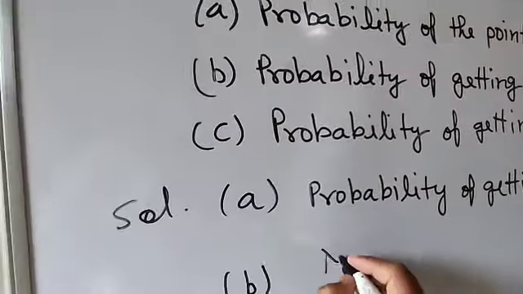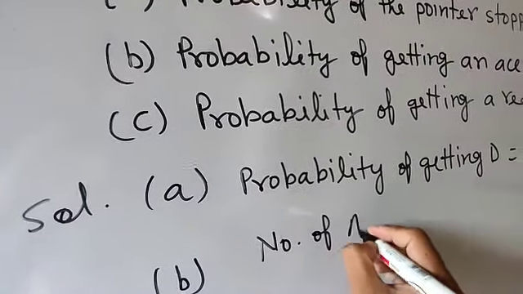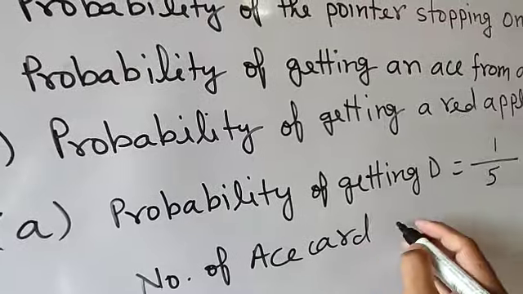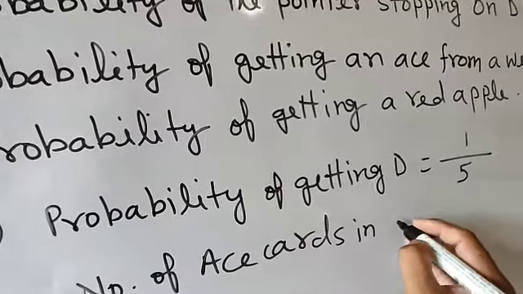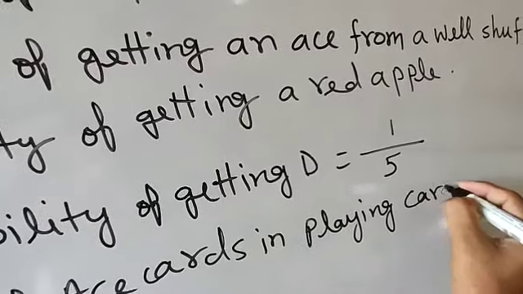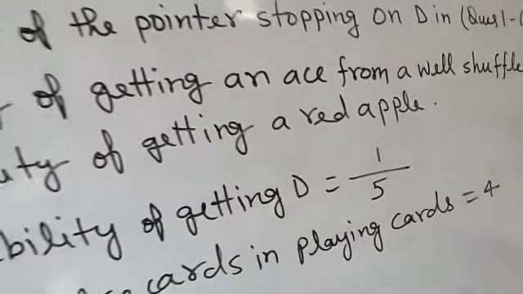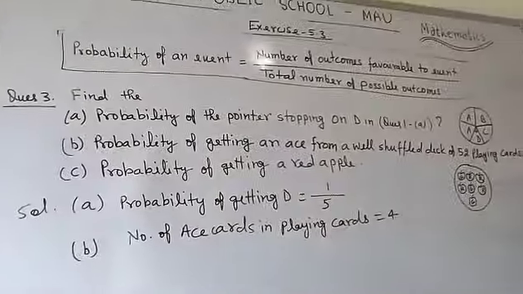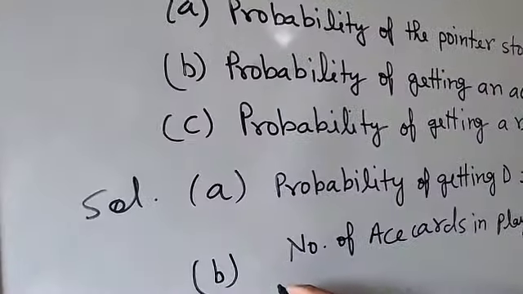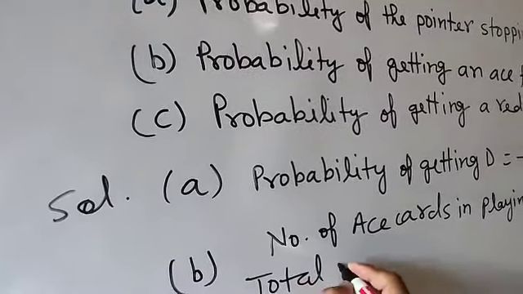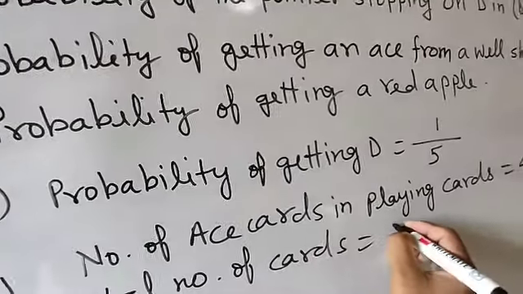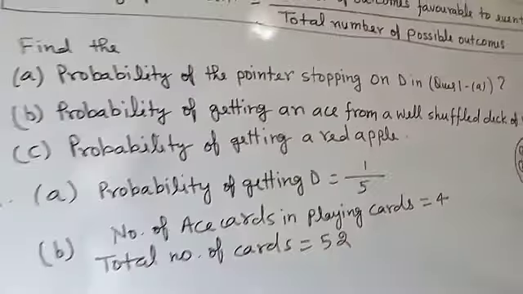So number of ace cards in playing cards is equal to 4. Overall 4 ace cards are there, and total number of cards is 52.